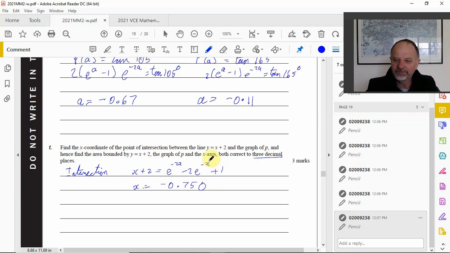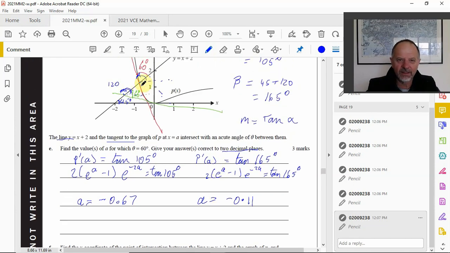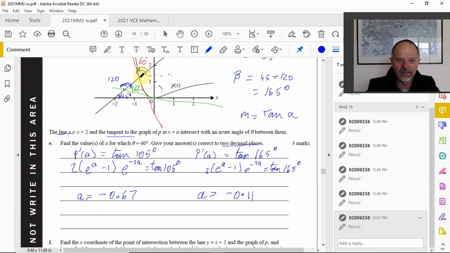All right, so we know where that line x equals is. And now we need to split this into 2 parts. Between minus 2 and this point that we've just found, x value negative 0.750, all we need to worry about is what's underneath the line y equals x plus 2.